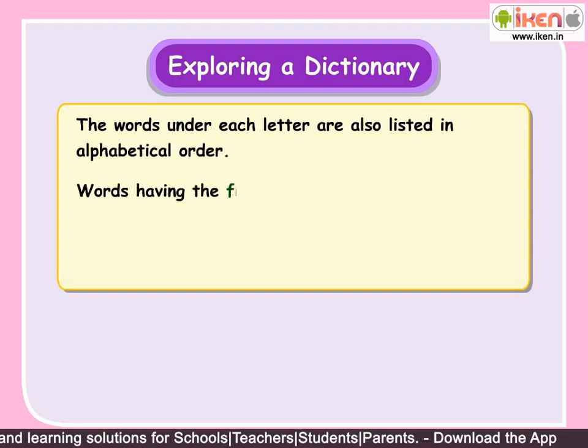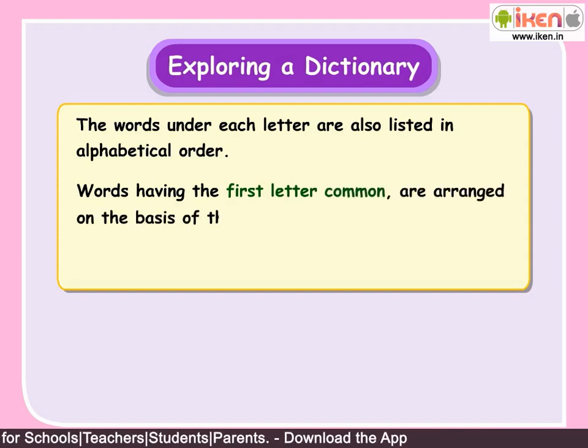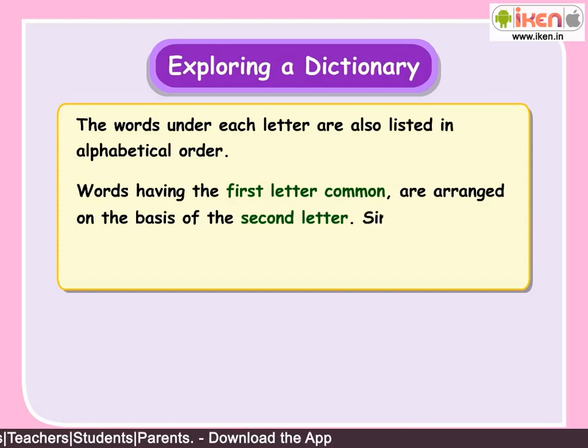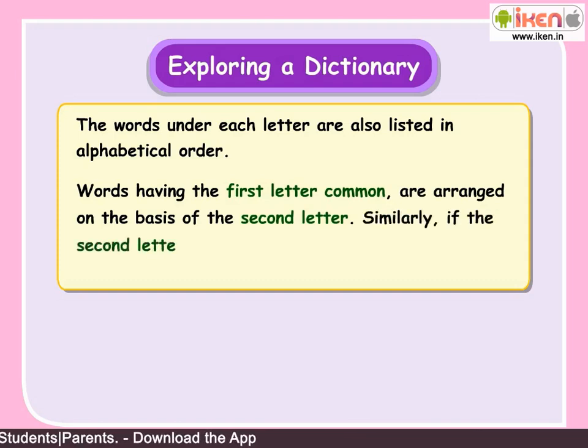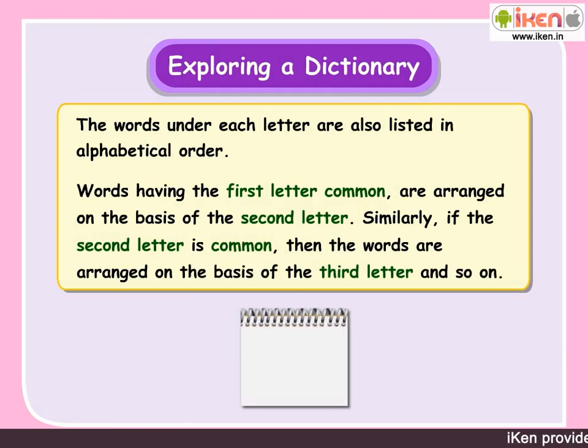Words having the first letter common are arranged on the basis of the second letter. Similarly, if the second letter is common, then the words are arranged on the basis of the third letter, and so on. Let us take the example of three words: gate, goat, and golf.